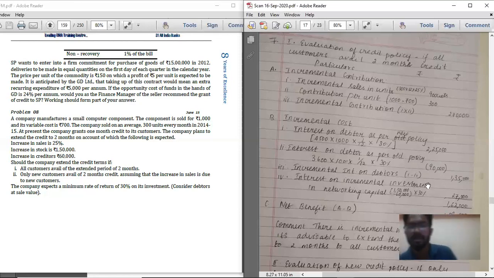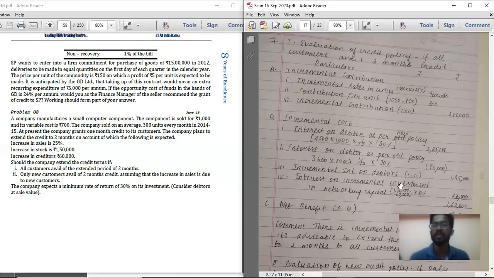So incremental, below that small Roman number 3, incremental interest on debtors. What we are doing in this sum is instead of doing it in 3 separate columns, we are just combining it and doing it in a single column. That's all. So incremental interest on debtors, small Roman number 3, within bracket small Roman number 1 minus small Roman number 2.